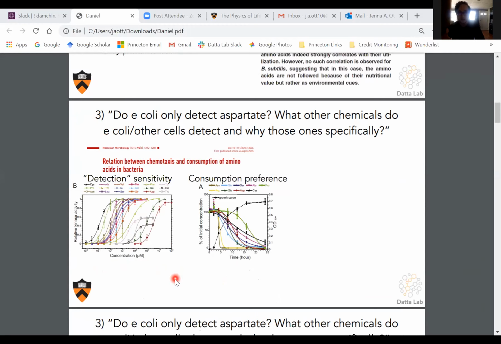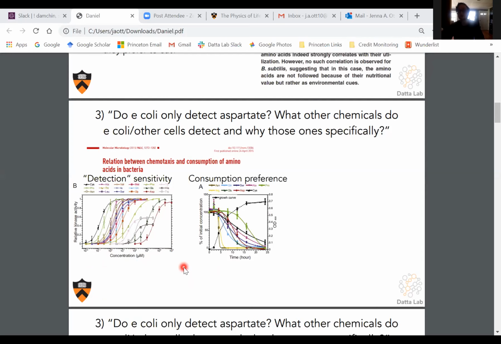I guess I should call it an attractant because we're looking at the sensitivity, even though it's both. And they looked at how much activity the cell was producing in response to that amount of that attractant. And you can see that there's a whole range that spans many decades of concentration. So the cell is very sensitive to certain amino acids, while for others, it's less quickly going to respond.